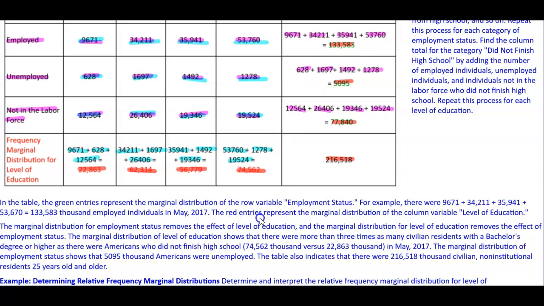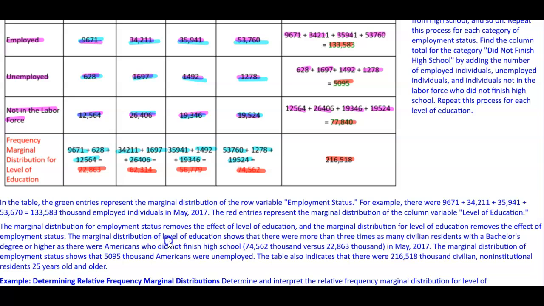Okay, and then the red entries were the column variables, so we were able to add all the column values to get the level of education. Now, the marginal distribution for employment status removes the effect of level of education, and the marginal distribution for level of education removes the effect of employment status.